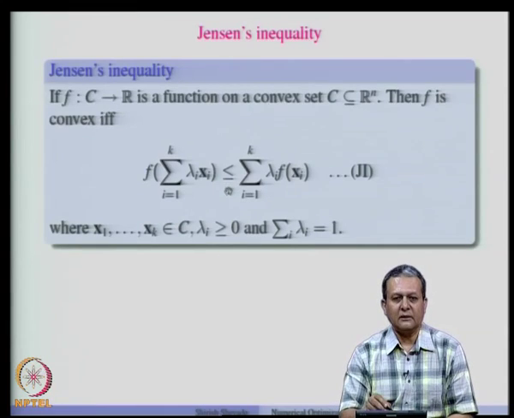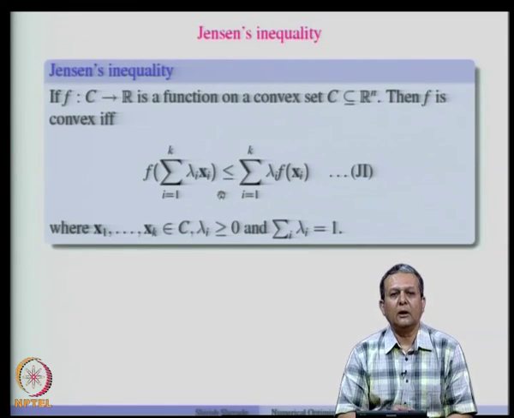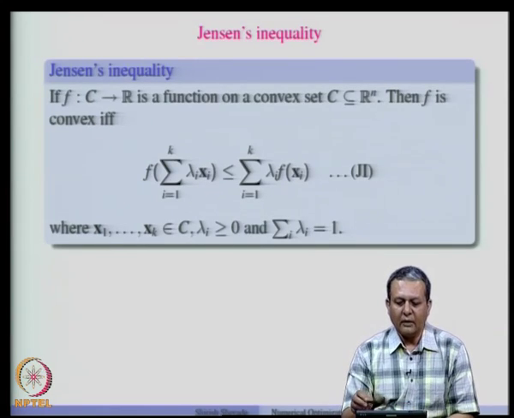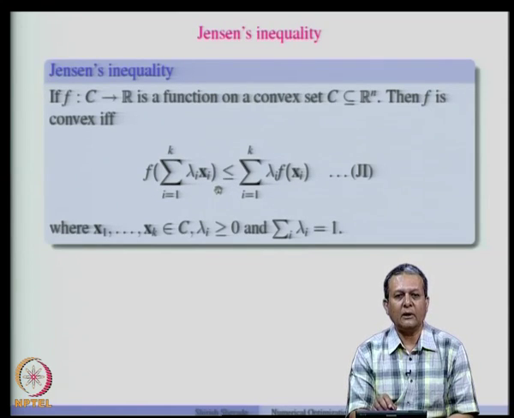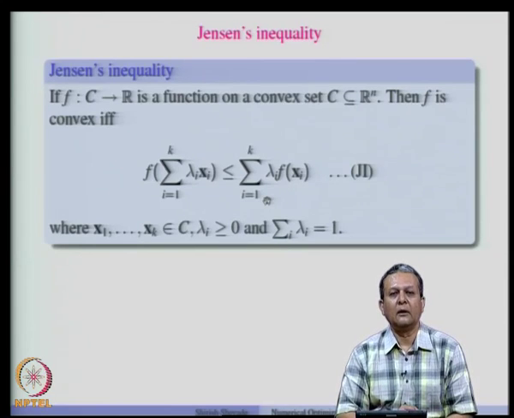Now, this result is an extension of the definition of convex functions. If you recall, we say that f is convex if and only if f of lambda_1 x_1 plus lambda_2 x_2 is less than or equal to lambda_1 f of x_1 plus lambda_2 f of x_2, where x_1 and x_2 belong to the set C and lambda_1 and lambda_2 are non-negative numbers such that lambda_1 plus lambda_2 equals 1.